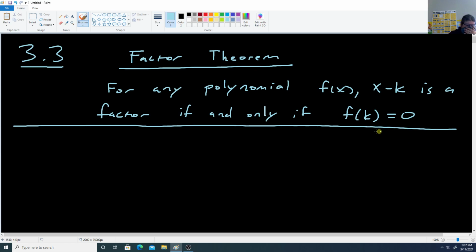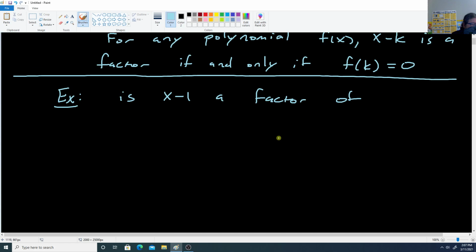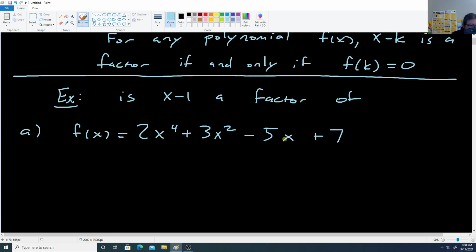So we're going to use the factor theorem for this first example. So we want to see, is x minus 1 a factor of, in part A, the function f of x equals 2x to the fourth plus 3x squared minus 5x plus 7.